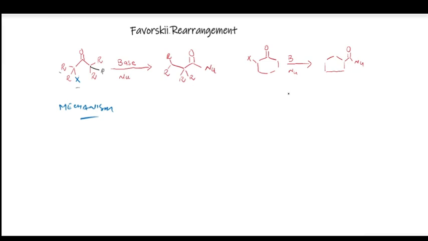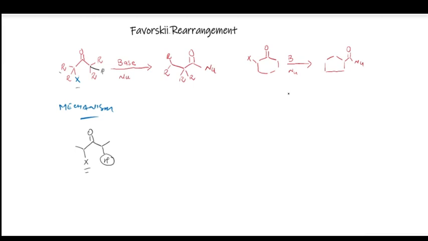But before that, let me tell you that the reaction proceeds via a cyclopropanone intermediate. So let's see how it proceeds. So here is our ketone. In fact, the alpha haloketone, which contains at least one alpha hydrogen on the side opposite to which the halogen is attached.